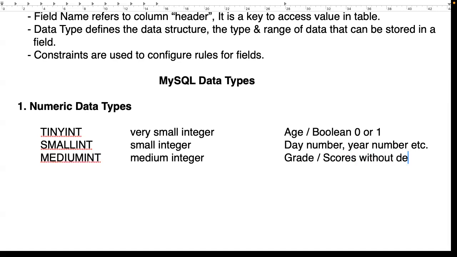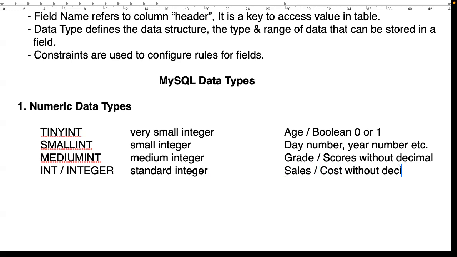So without decimals, without fractions, we can define. We have integer also, or int. This is nothing but a standard integer. So you can define some sales price cost without decimal again.